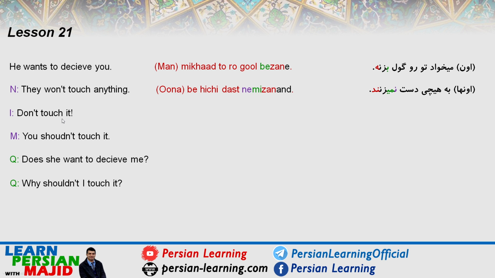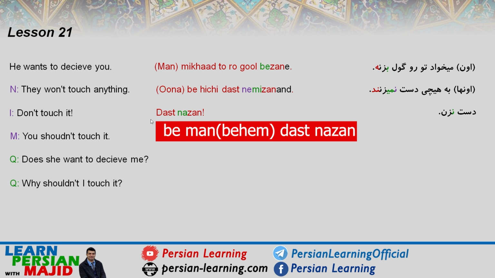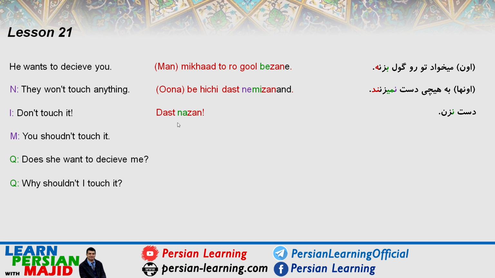Don't touch it. دست نزن. If you want to say don't touch me, then you have به من or به him as we learned. You shouldn't touch it. نباید به اون دست بزنی.